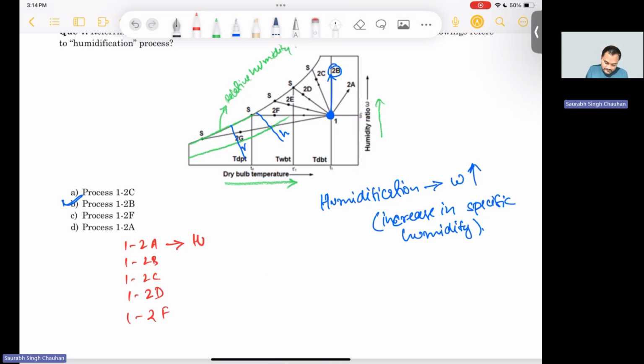So it is heating with humidification. 1 to 2B is only humidification.